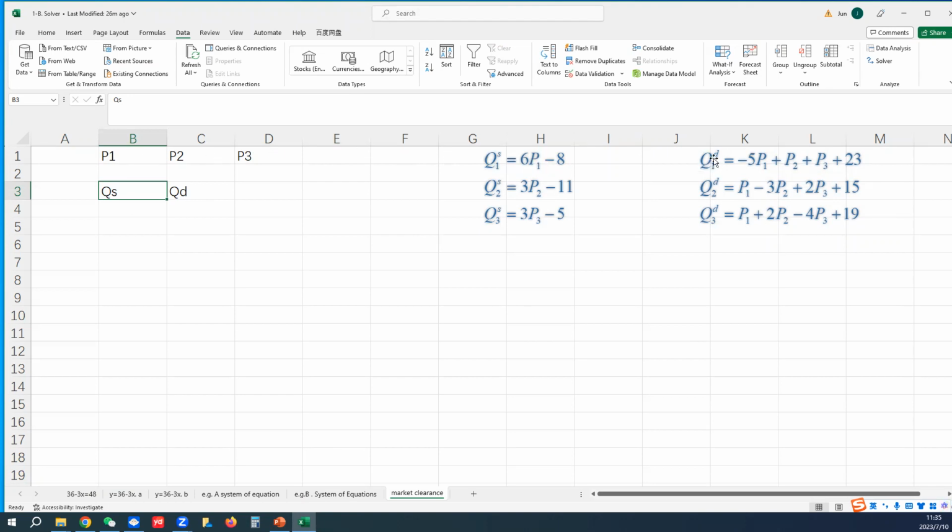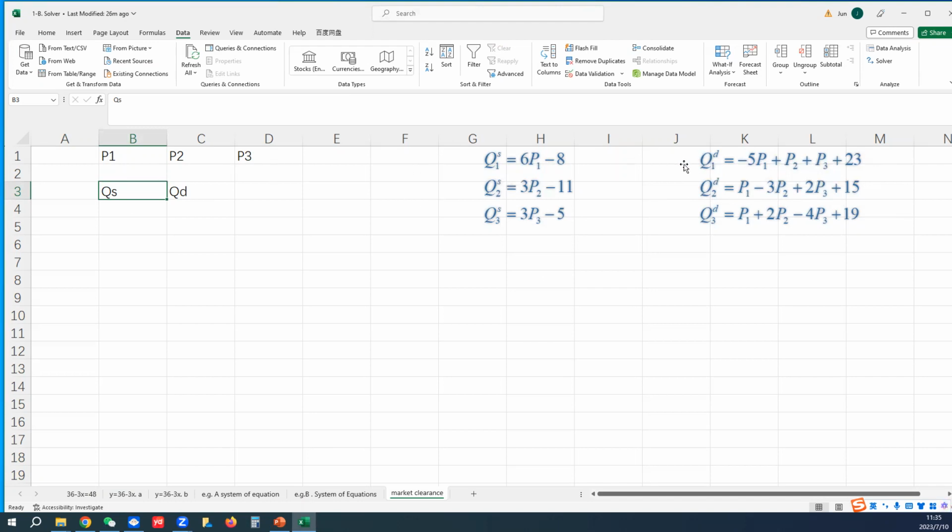But the quantity demanded is based on the price of several goods. So those goods may be complementary goods, may be substitution to each other. Say if you're buying phone, Apple phone and Android phones, they may be substitution to each other. So your quantity demanded of certain phone is dependent on the price of those different brands, right?